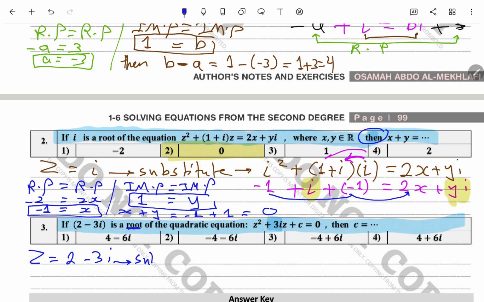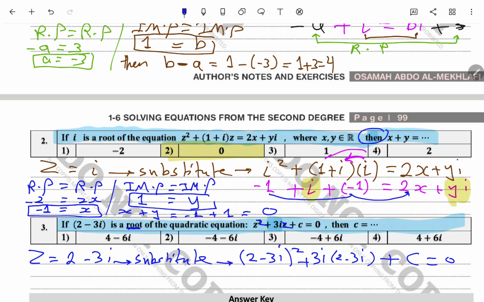So always try to substitute it in the equation, which includes z squared first. So 2 minus 3i will be squared, plus 3i multiplied by z, which is 2 minus 3i, plus c equals 0.